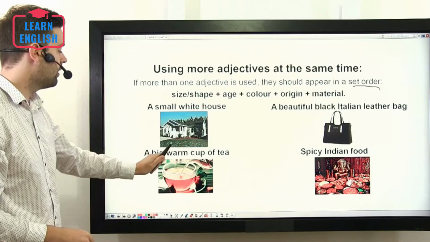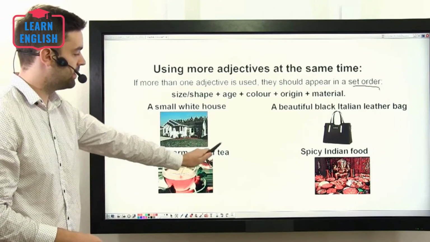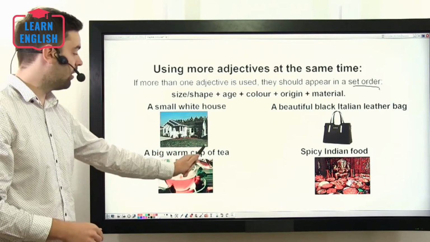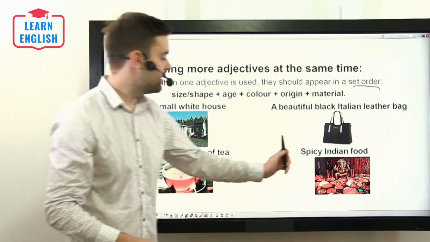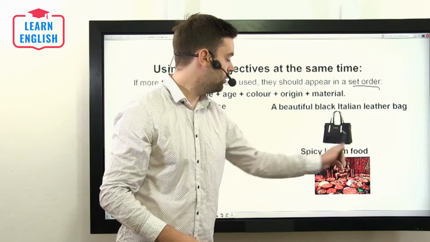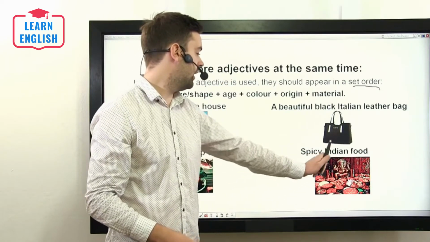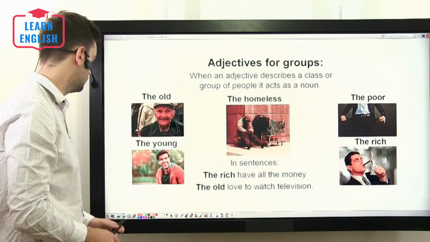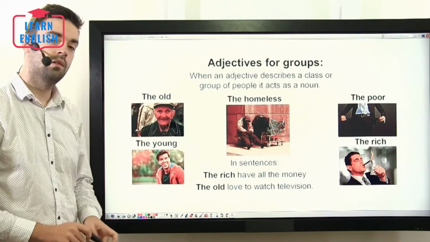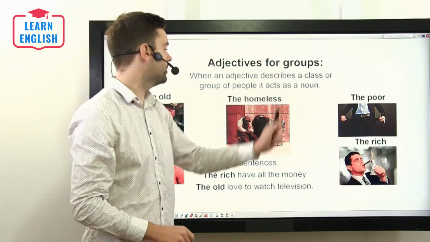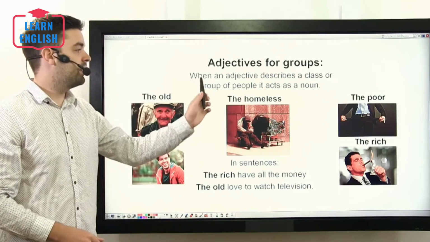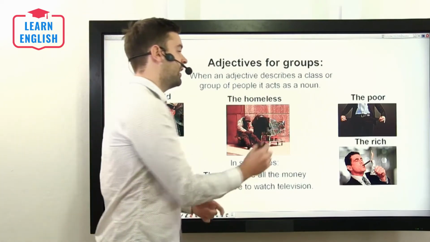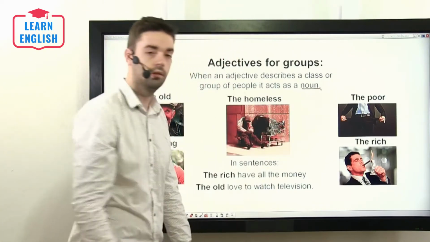A big warm cup of tea. Spicy Indian food. So we can also have adjectives for groups. When an adjective describes a class or group of people, it acts as a noun.